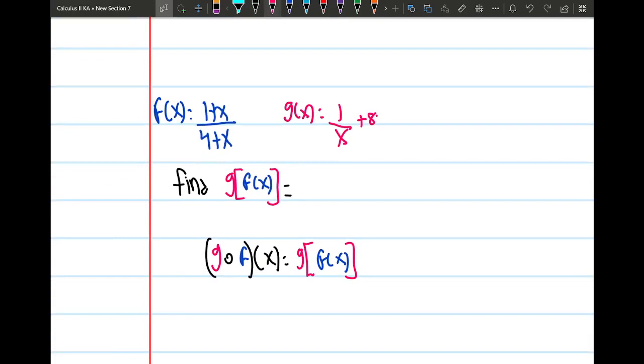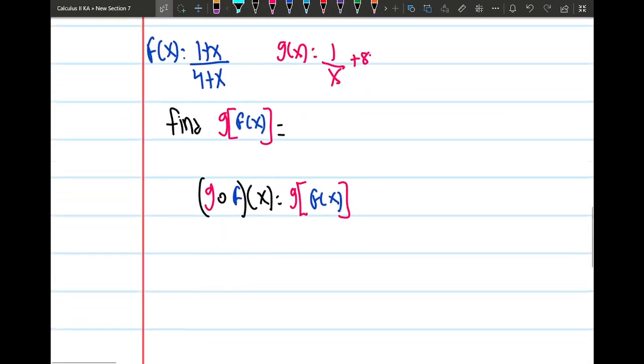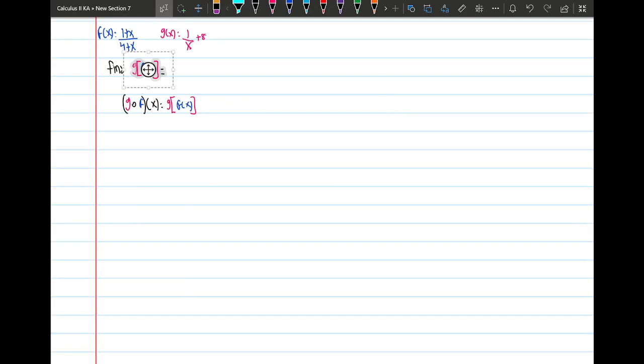So let's see here. We're basically going to say that this is equal to, so again, I'm just going to grab this and then I'm going to put it over here if it'll let me.